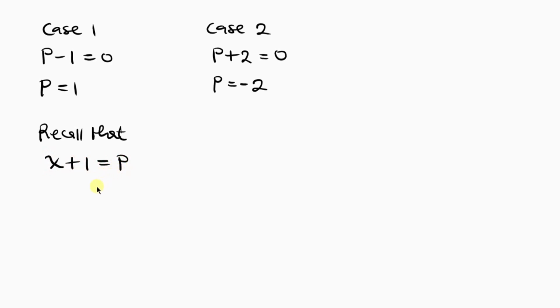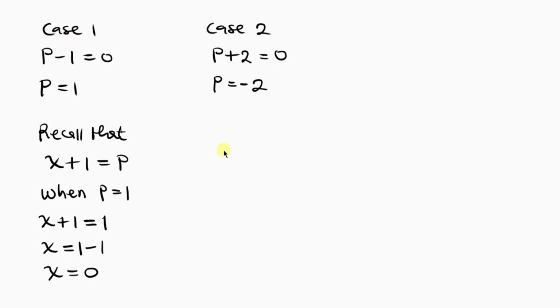So let's go ahead and try with the first case. So for the first case, that is when p is equal to 1, I'm going to be substituting 1 for p here. So x plus 1 is equal to 1. Now moving 1 to the right, I'm going to be having x equal to 1 minus 1, making the value of x equal to 0. That is from the first case.